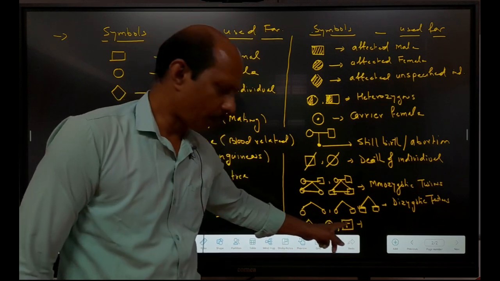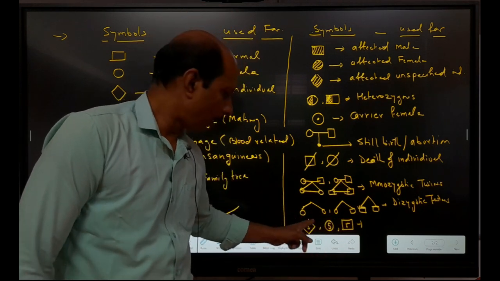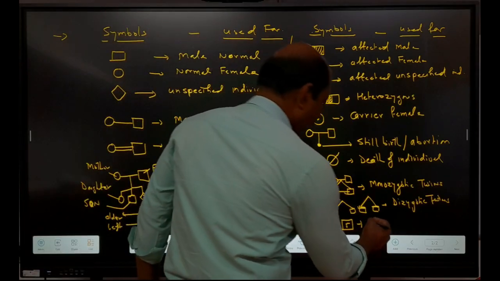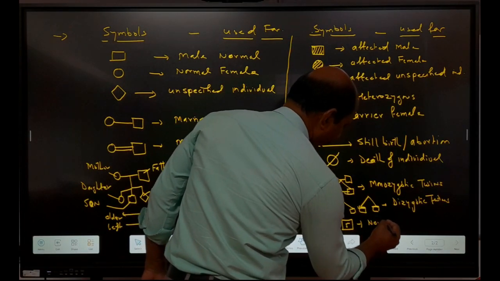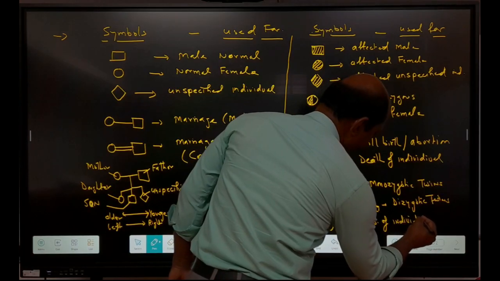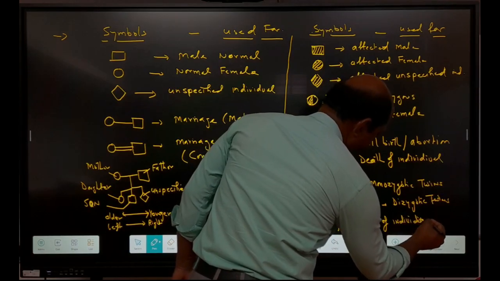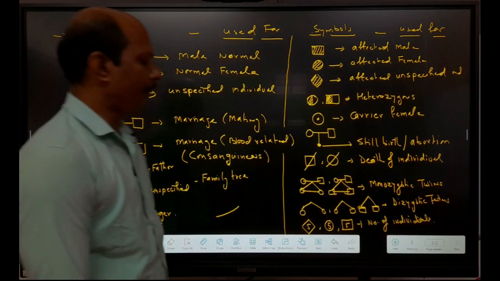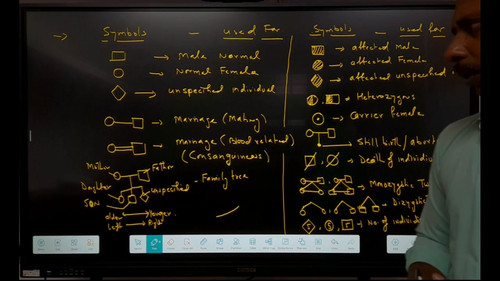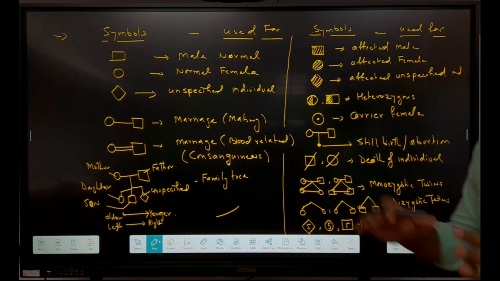Number of sons 5, number of daughters 5, number of unspecified children 5. That means it is the number of individuals. So these are some symbols which we use in pedigree analysis when we form a family chart, family tree.